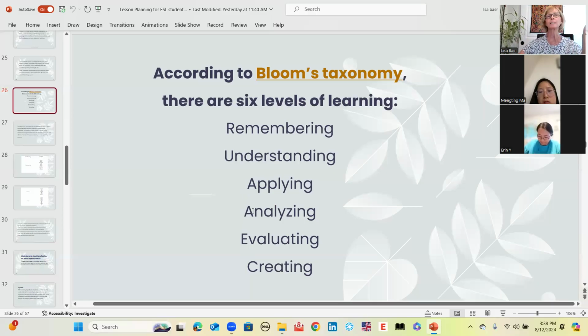Analyzing, so if you're teaching a reading passage, analyzing what the passage is saying, the comprehension of the passage, and so on and so forth. Evaluating and creating, and that's creating at the very end. They're able to use whatever they've learned and remembered, and they can use it in some creative way in doing something.